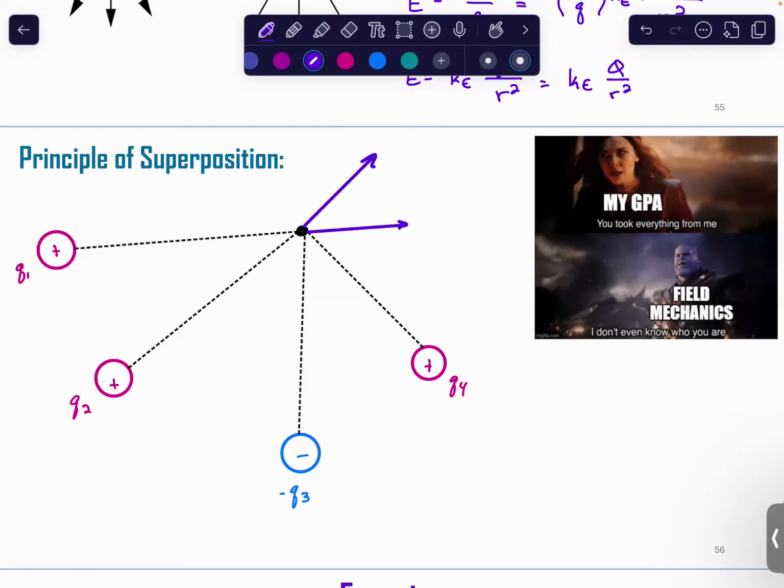Charge 3 is negative, so it's going to point towards the charge, and then of course we're going to point away from charge 4. And so that's E2, that one's E1.